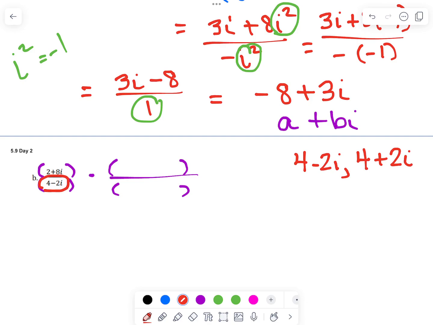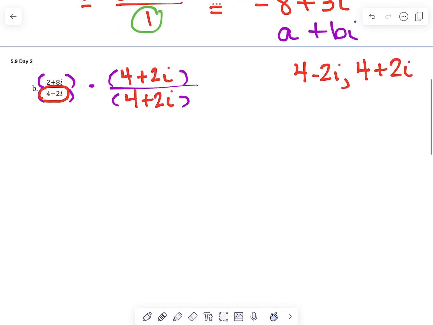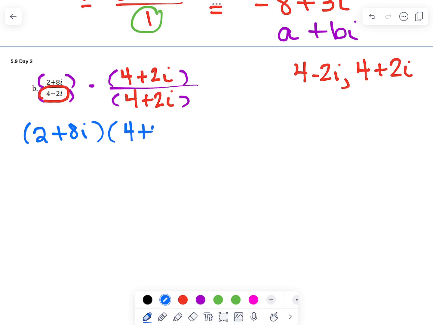So that's what we're going to multiply the numerator and the denominator by. So I'm just going to rewrite that as 2 plus 8i times 4 plus 2i. In the denominator, I have 4 minus 2i, and then 4 plus 2i.